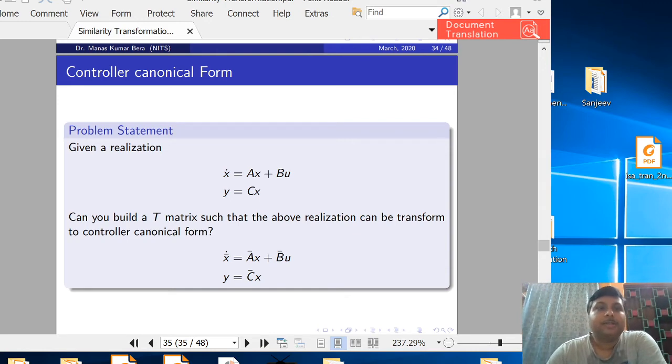So last class we discussed diagonalization. We understood the condition required to diagonalize a given non-diagonal form, and how the transformation matrix T can be formed to diagonalize any system.